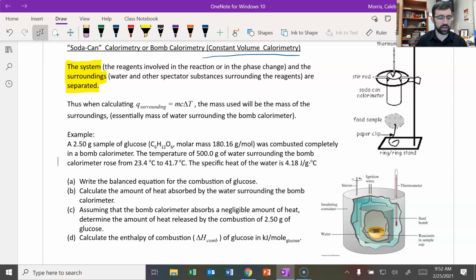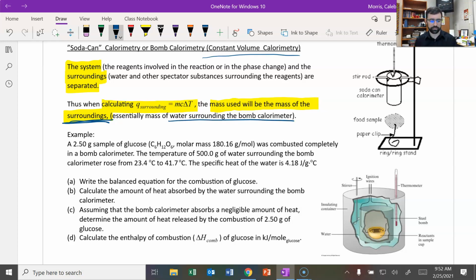So when the question asks you to calculate the Q of surroundings, we're going to do mc delta T. That is the mass of the surroundings. Basically, the mass of the water in the soda can, or the mass of the water surrounding the bomb calorimeter. Now, look down here at our bomb calorimeter.